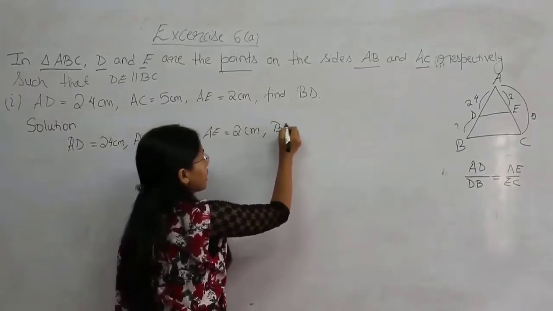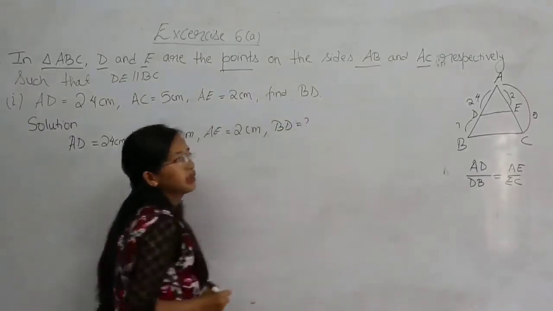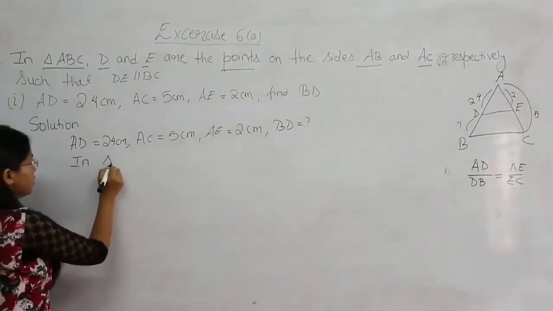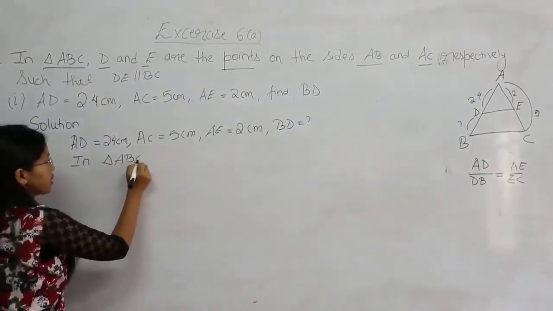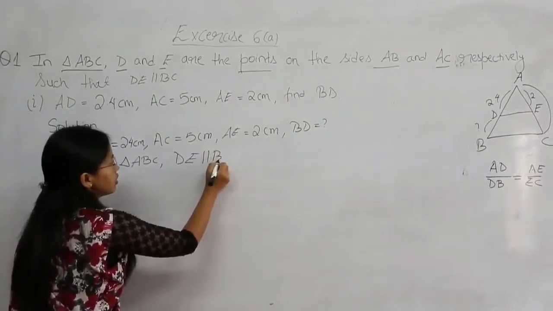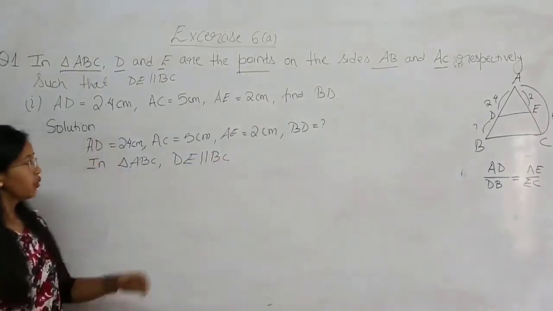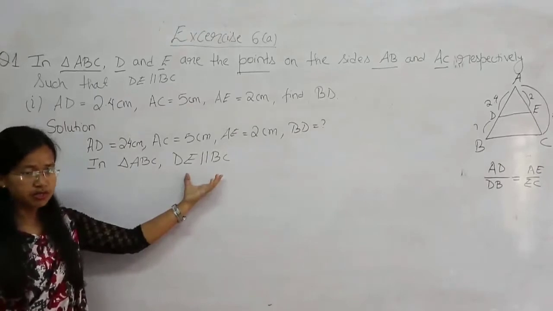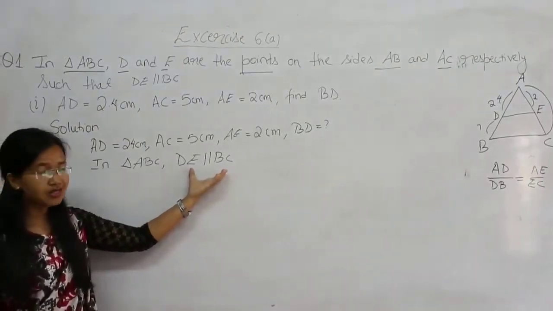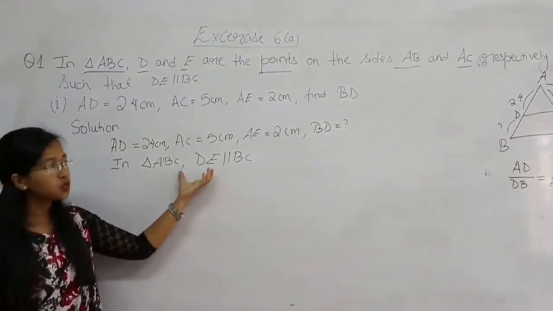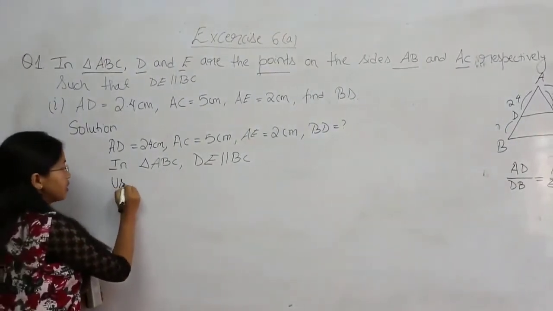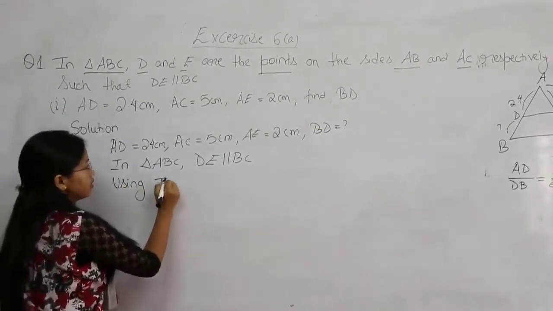Then we have to find BD. Here in triangle ABC, we are given that DE is parallel to BC. From Thales theorem, since DE is parallel to BC, the other two sides are divided in the same ratio. We can do this by using Thales theorem.